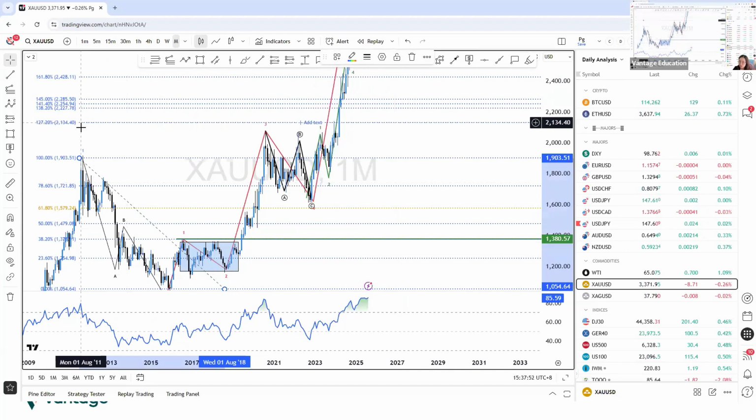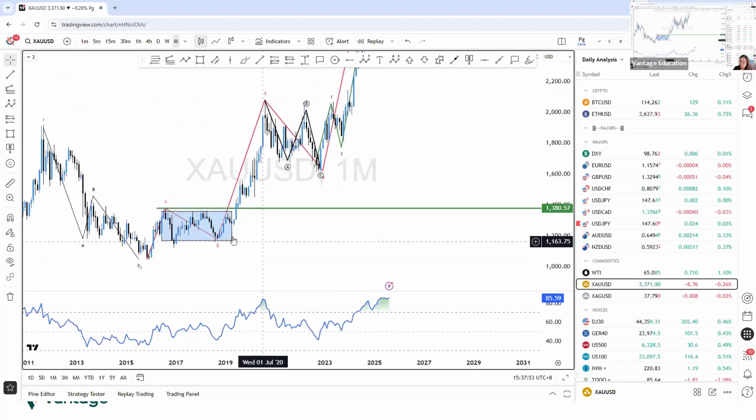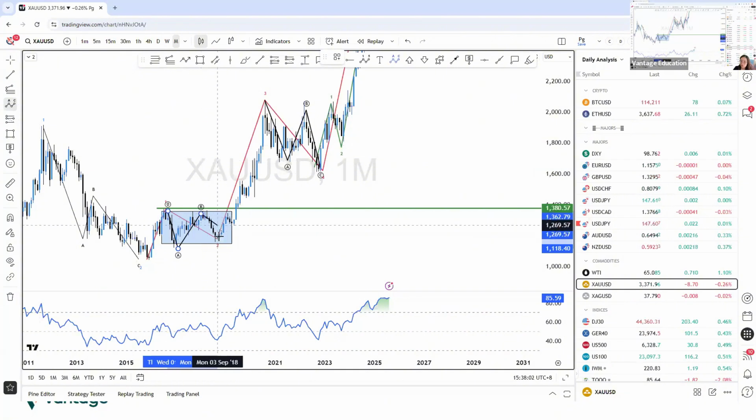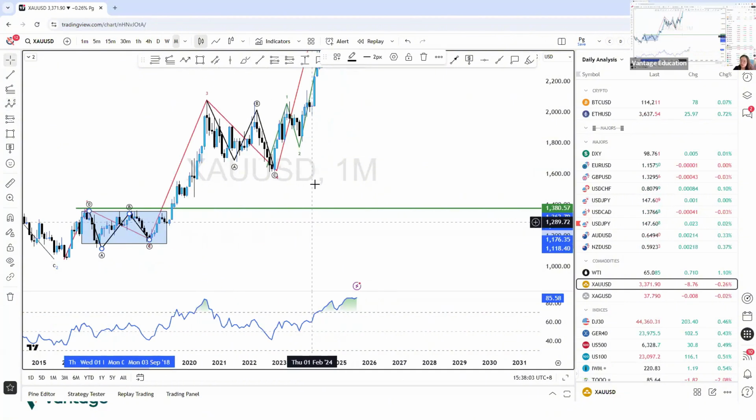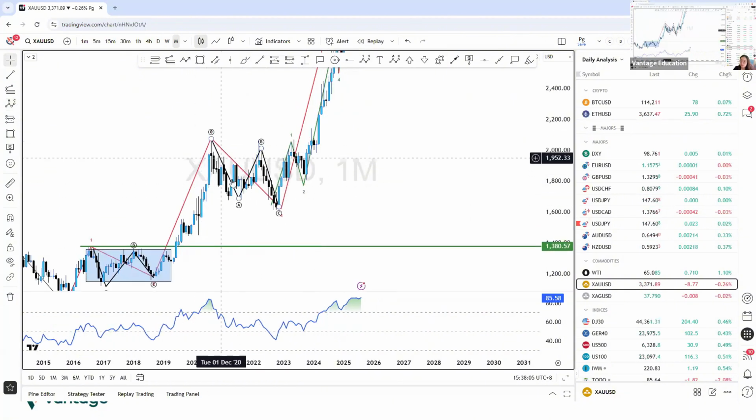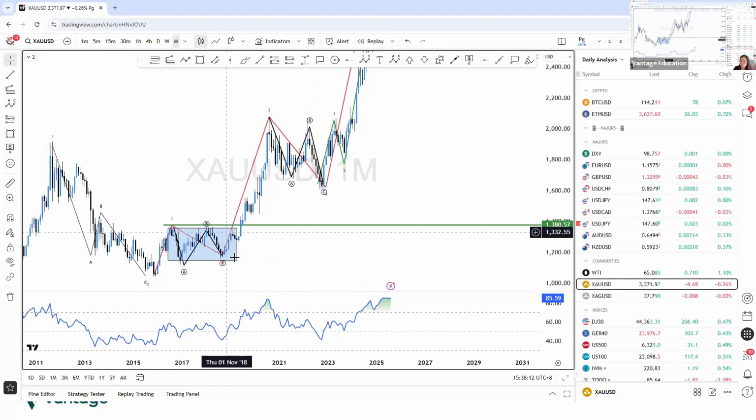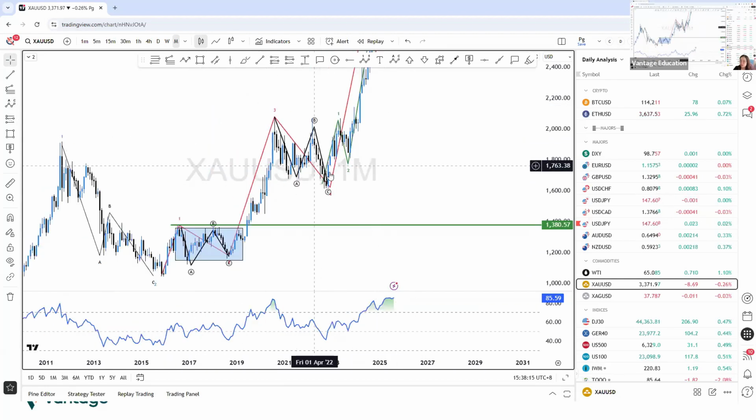Let me remove everything so you can see. So in this case, wave 2 is a sideway, and then we see A, B, C, sideway. And wave 4, you will see that it's a zigzag. These are A, B, C. If wave 2 is a zigzag, wave 4 is going to be sideway, or something like that.